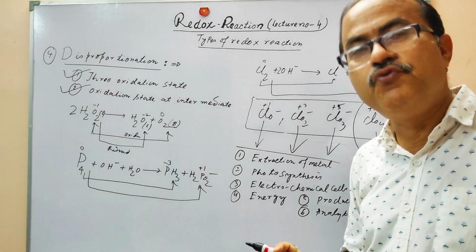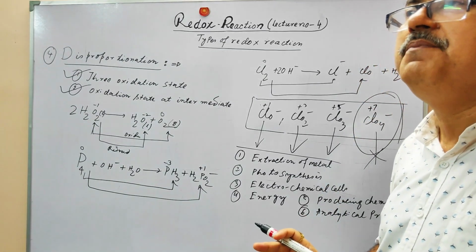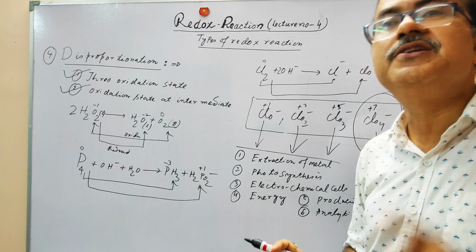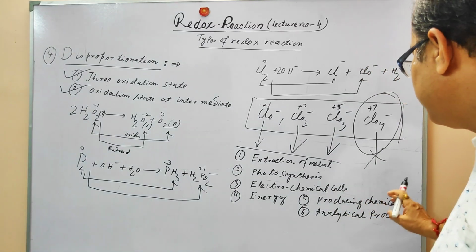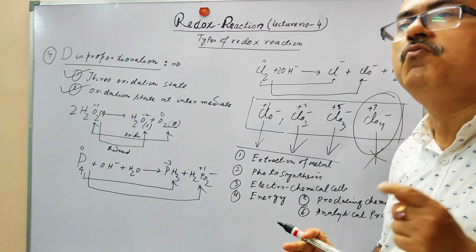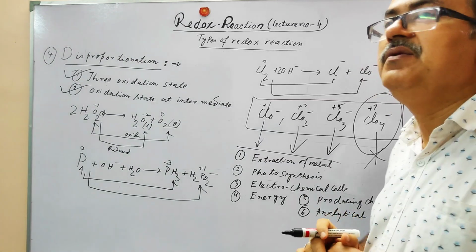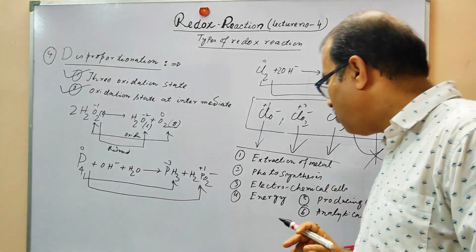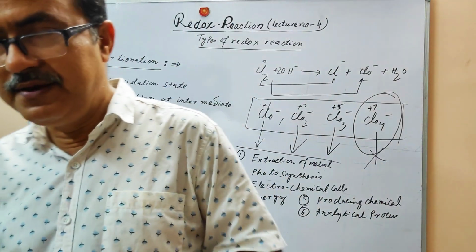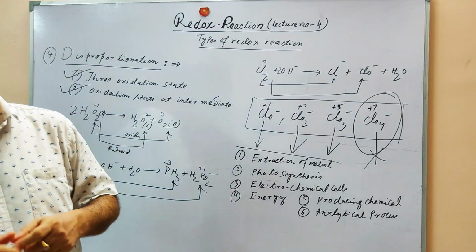When we take any food, that food is being energized with these redox reactions. And producing chemicals, such as caustic soda, chlorine, and bromine, is also done by this. So this is, in brief, the uses of the redox reaction.